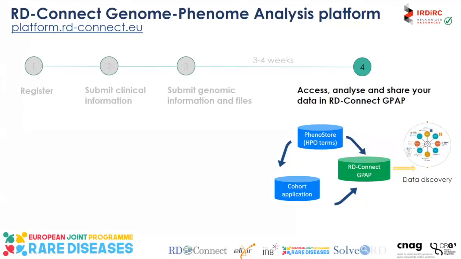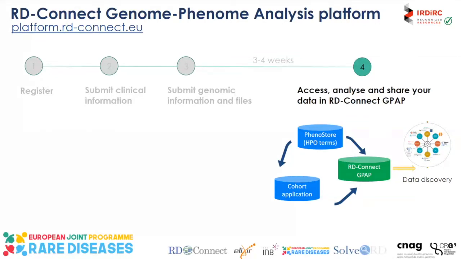And it's also connected to other applications, such as the cohort application that we'll also see later on, that will enable you to create on-the-fly cohorts based on phenotypic traits from your patients, but also from other patients in the system. And this is very useful, for example, for gene discovery.